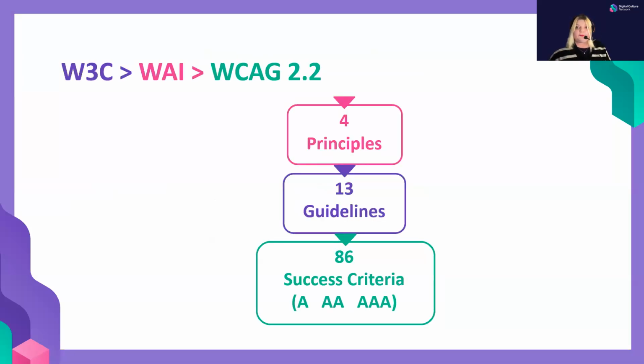And they are formed of 4 overarching principles, 13 guidelines, and 86 success criteria that can be 3 different levels of merit. And you can use those 86 success criteria to gauge or check the accessibility of your content.